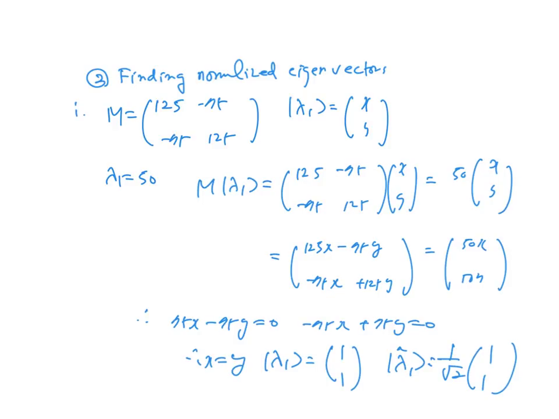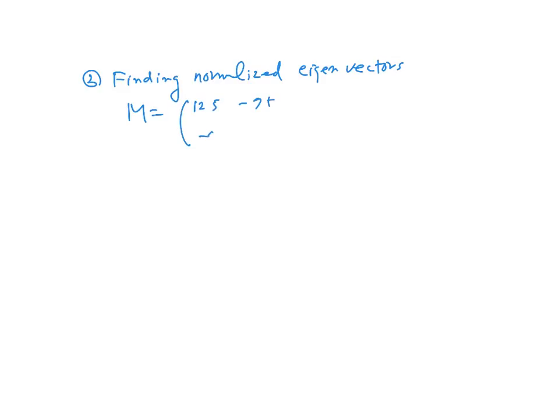The second eigenvalue was 200, so finding the normalized eigenvector. So M is, just remember, (125, minus 75; minus 75, 125), right?